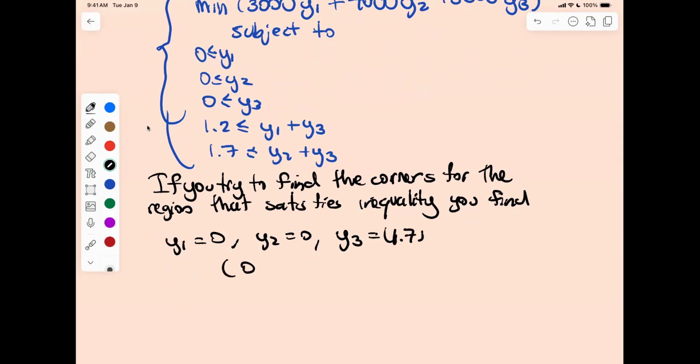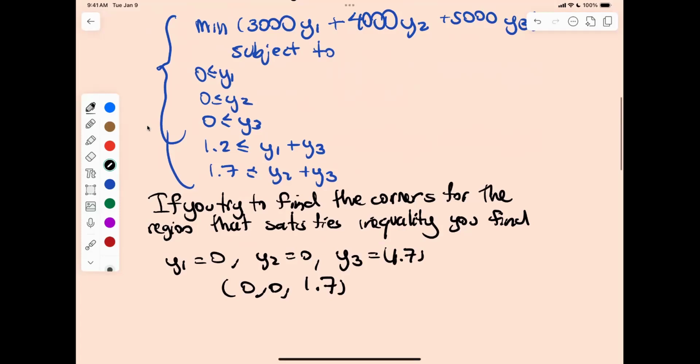So that gives you the point (0, 0, 1.7), and in that case the function gives 8,500.